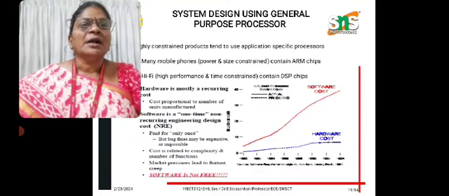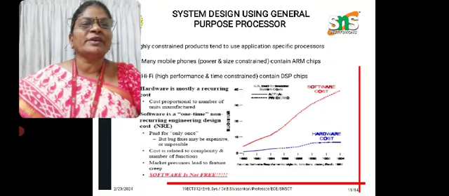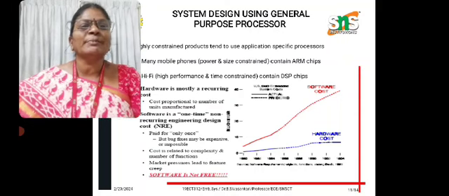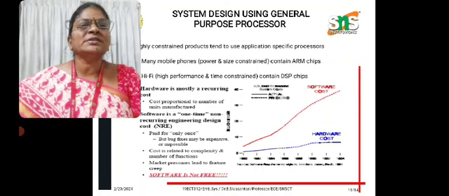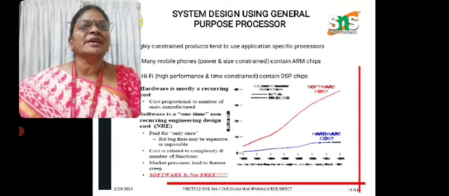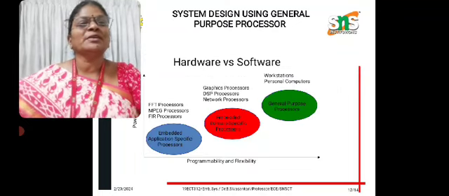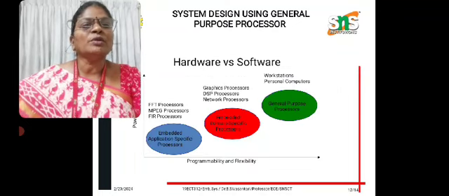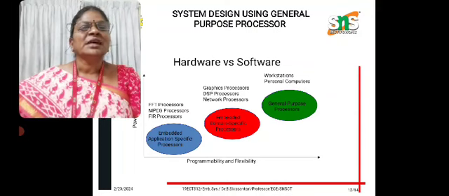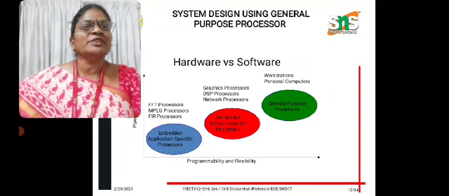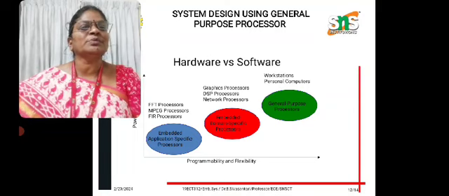Okay. And this is the software graph that costs proportional to number of units, and it is a hardware mostly recurring cost, and many mobile phones, like highly constrained products, tend to use application specific processors. And how hardware versus software in system design using general purpose processors, like embedded application specific processors and embedded domain specific processors and general purpose processors.